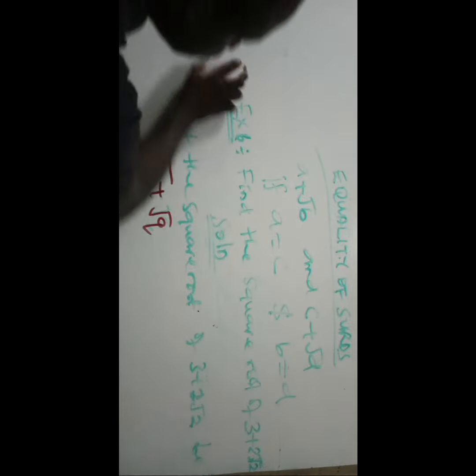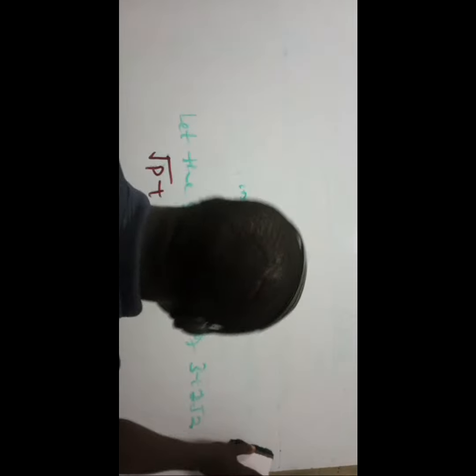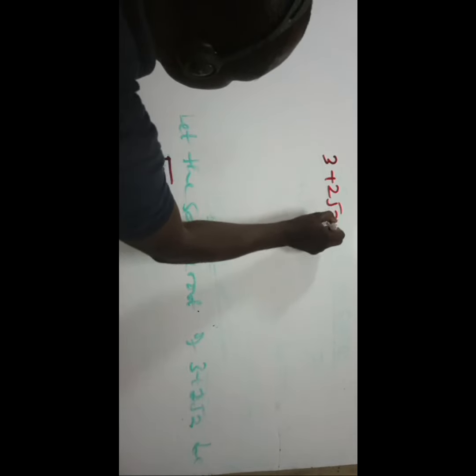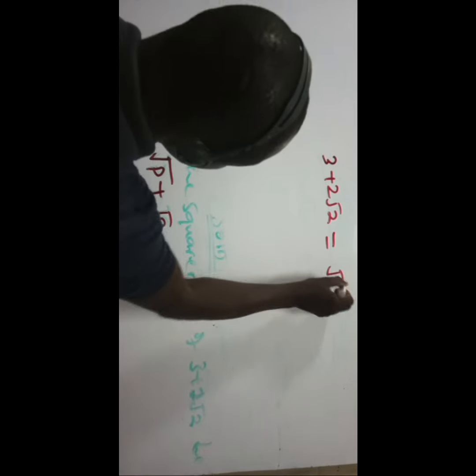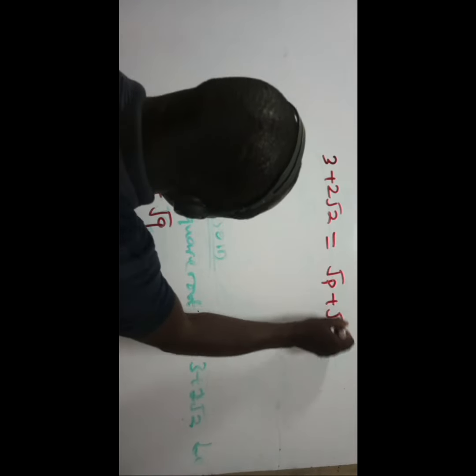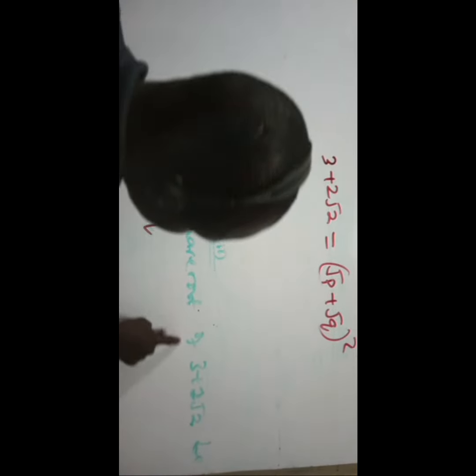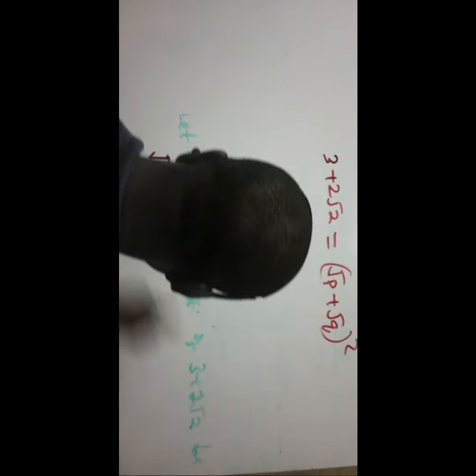That is the assumption. So if that is the statement, then what is the meaning of this? Then we now say that 3 plus 2 root 2 is equal to square root of p plus square root of q, all squared, because we decide to represent the square root of this to be this.